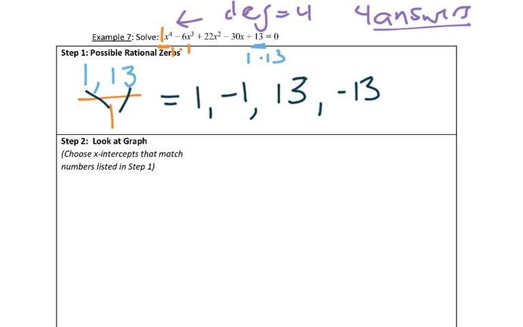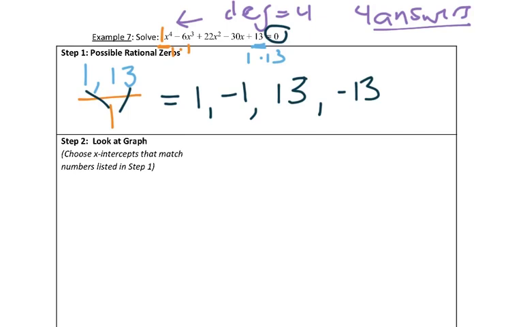So we'll graph this in our calculator. x to the 4th minus 6x to the 3rd plus 22x to the 2nd minus 30x plus 13. When you put it into your calculator, you don't write in the equal 0. The equal 0 is the part that tells us we're going to look at the x-axis. So we'll graph it.